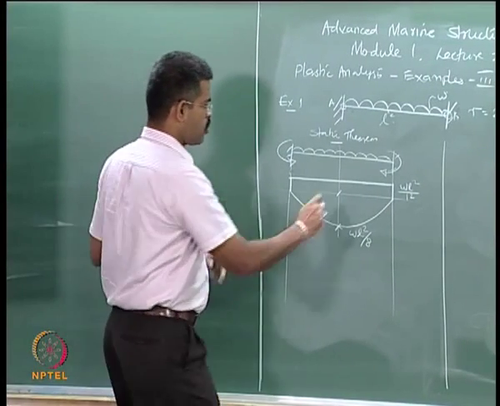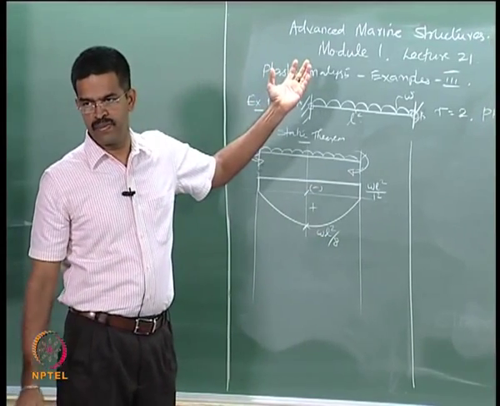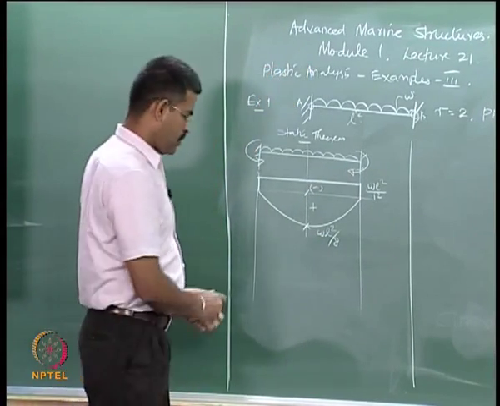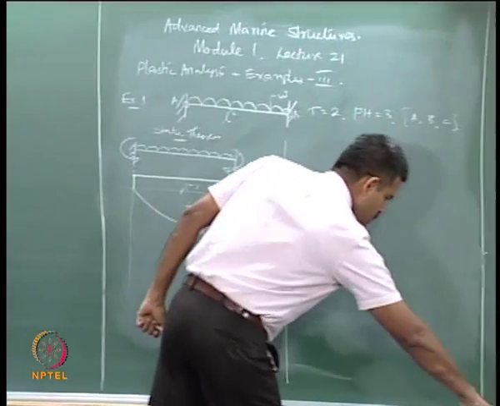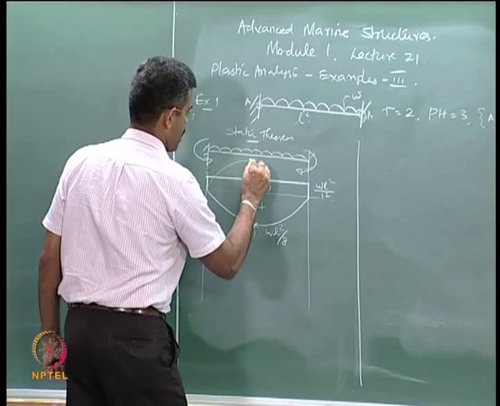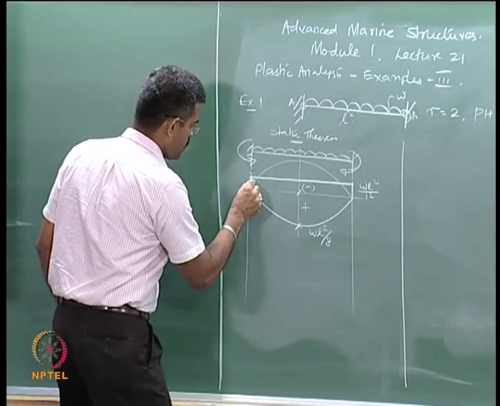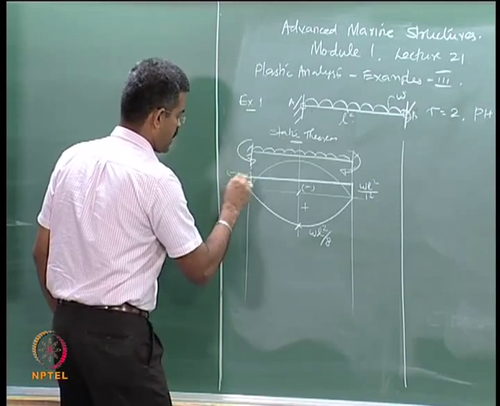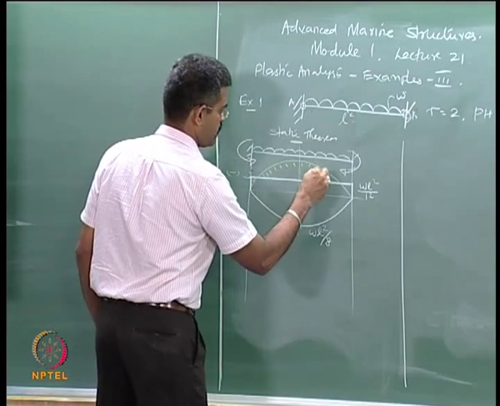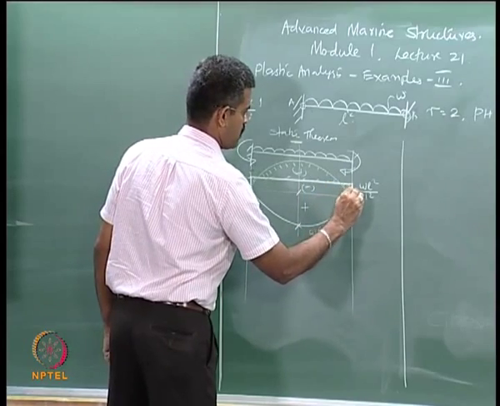Okay. So, as usual this is going to be negative and this is going to be positive. So, I want to flip this. If I do that, I get a figure like this. Obviously this portion will be negative, this portion will be positive, and this portion will be negative.